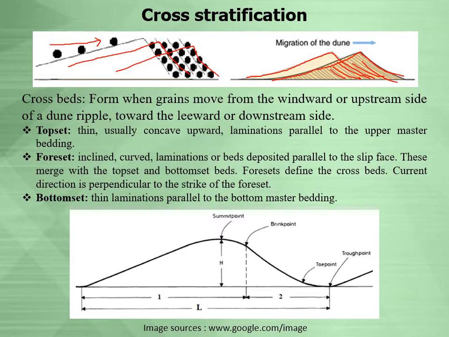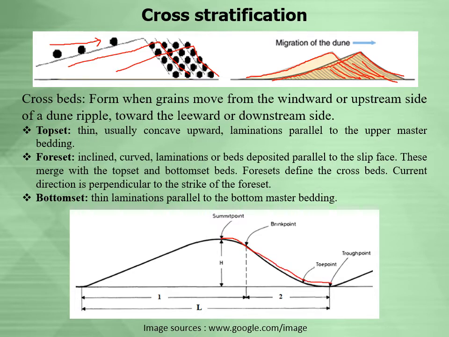Now as you can see, in cross laminae, these inclined laminae, mainly the lee side of a ripple or dune is preserved. So if I go to the transverse section of a ripple mark, the mainly preserved part in cross bedding of a ripple mark or dune is from the summit point to the trough point.